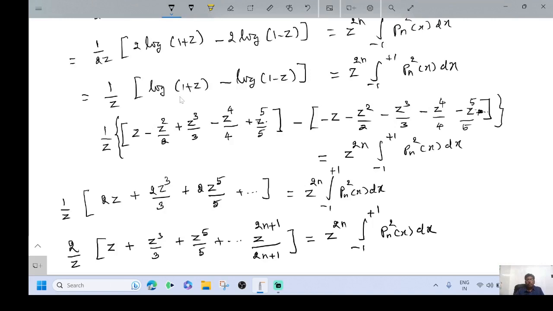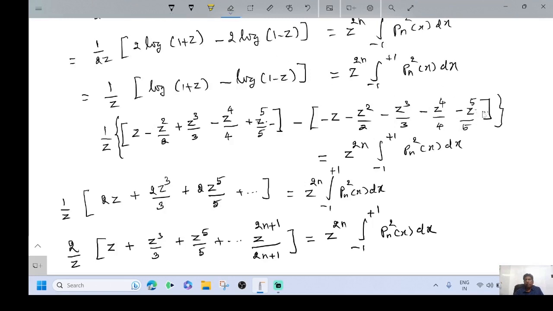Here the expansion of log 1 plus z is z minus z square by 2 plus z cube by 3 minus z power 4 by 4 plus z power 5 by 5, and then the series is going on. Next term is minus. Then log 1 minus z is minus z square by 2 minus z cube by 3 minus z power 4 by 4 minus z power 5 by 5. Then this is also minus.